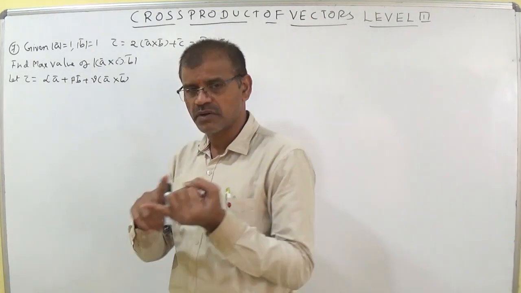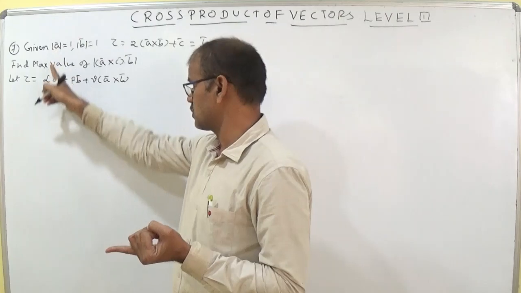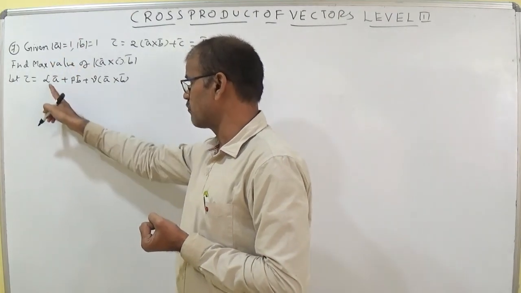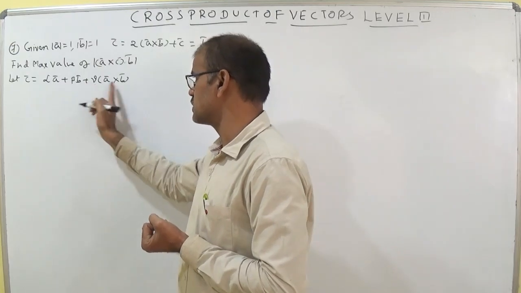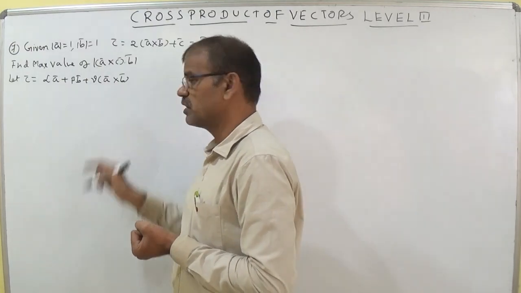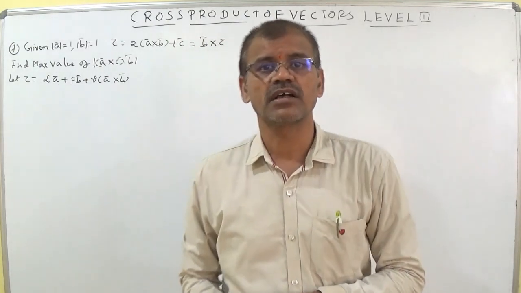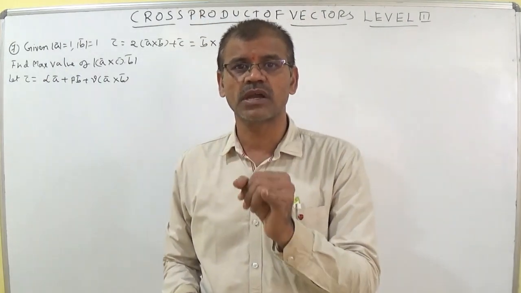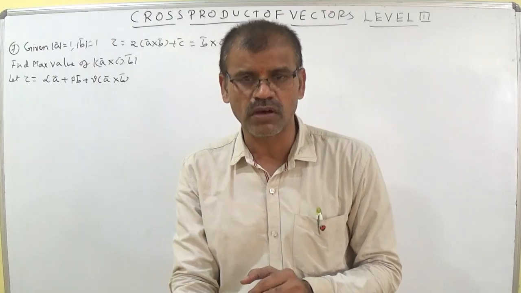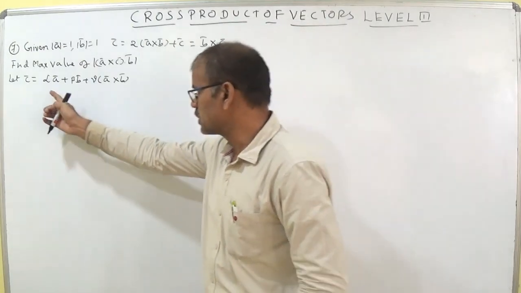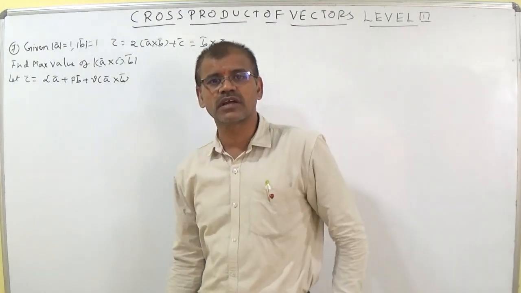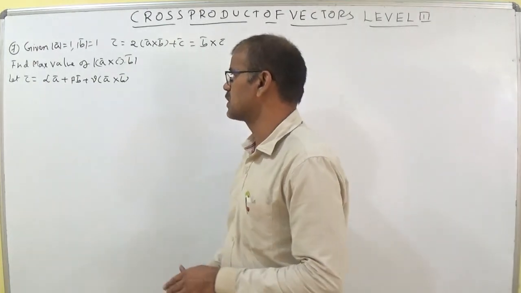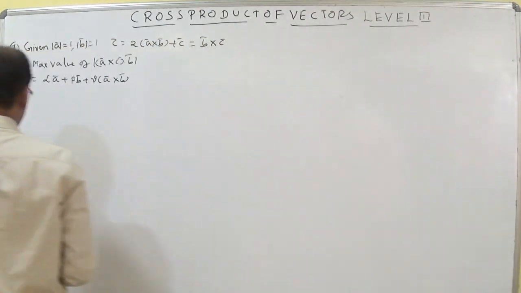Here i I have taken as A and j as B, and k bar as A cross B. Many times I said that A cross B is a vector perpendicular to both A bar and B bar. So we can think of the notation R bar equal to x i bar plus y j bar plus z k bar in the way alpha A bar plus beta B bar plus gamma A cross B bar.